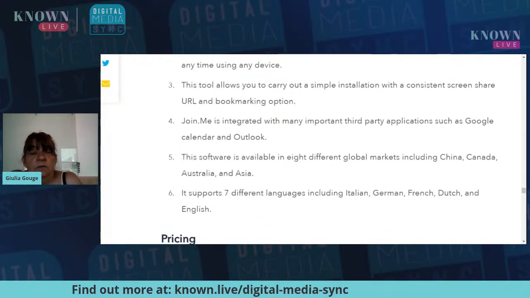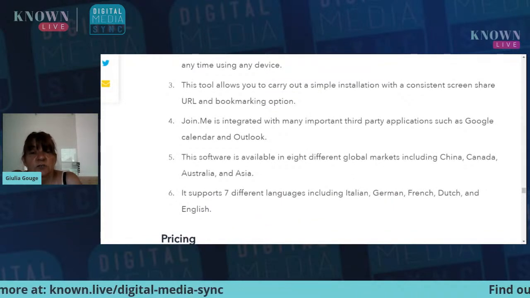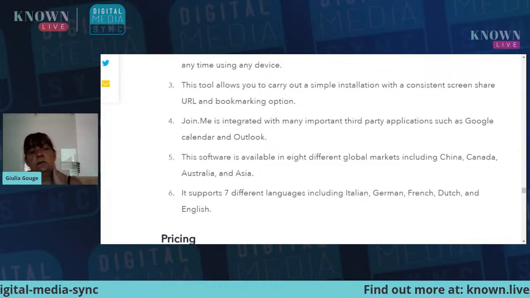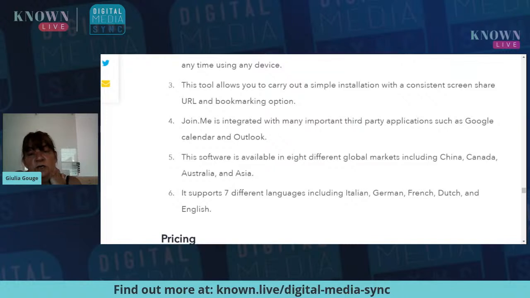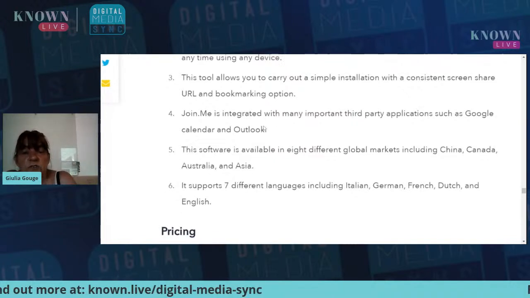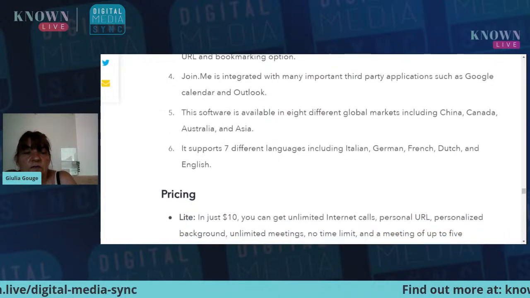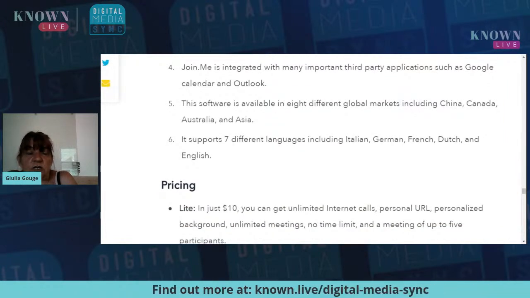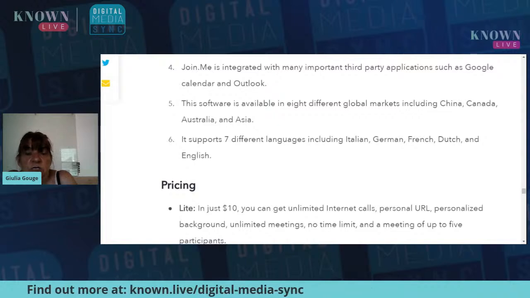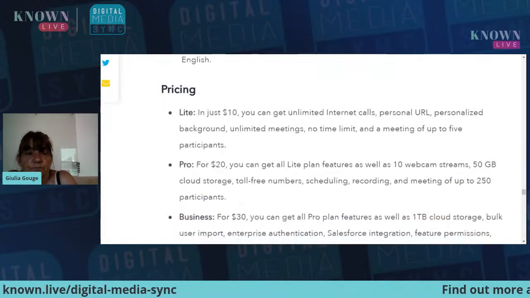Integrate it with many important third-party applications such as Google Calendar and Outlook, and it's available in 8 different global markets: China, Canada, Australia, and Asia. That's interesting. And it supports 7 different languages, including Italian, German, French, Dutch, and English. So JoinMe is really looking to go international.